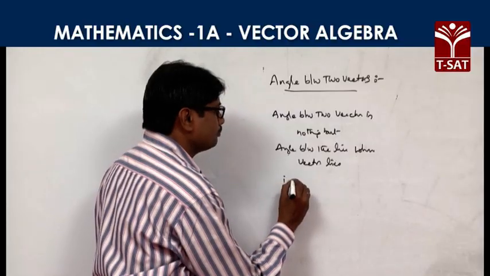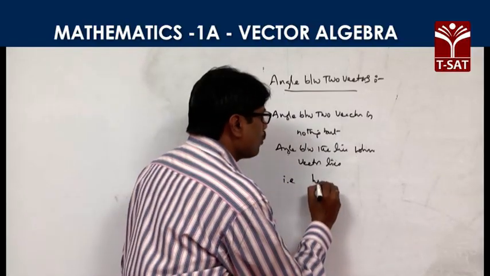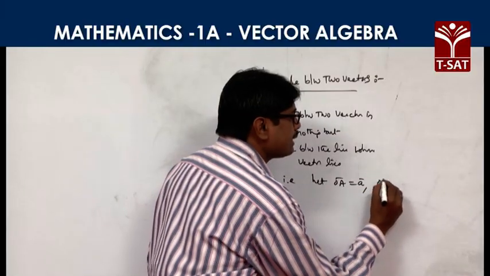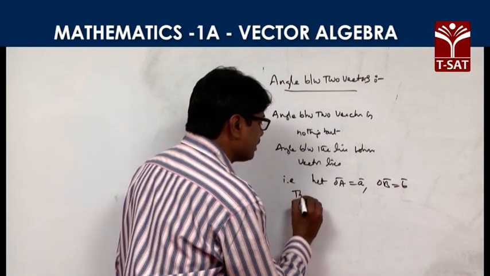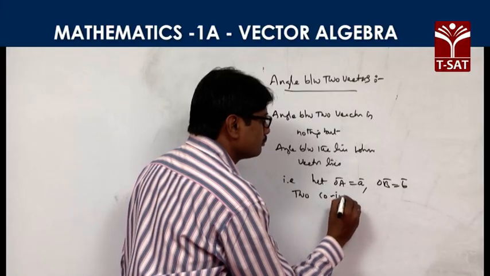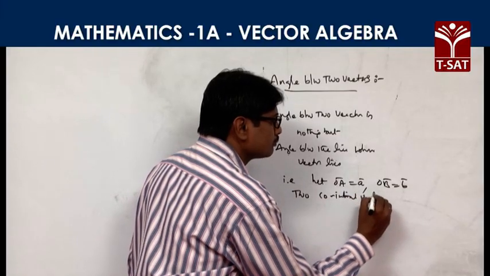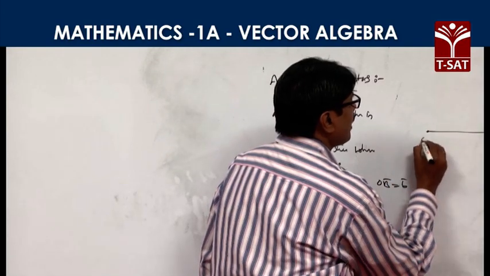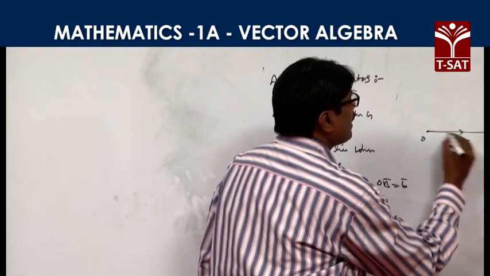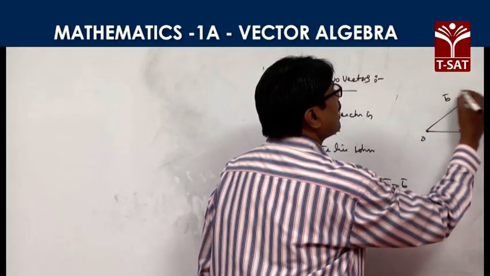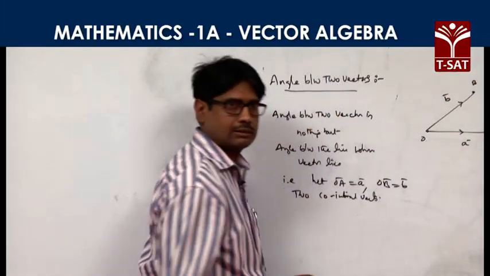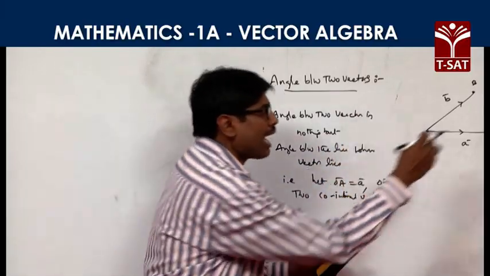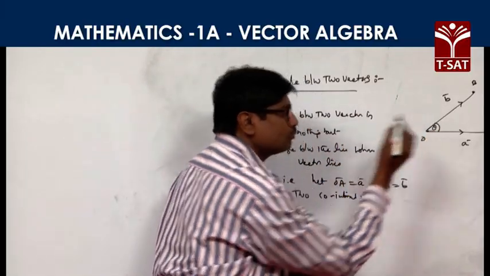That is, let OA bar is equal to A bar, OB bar is equal to B bar, two coinitial vectors. Then the angle between A bar and B bar is nothing but angle AOB, that is theta.